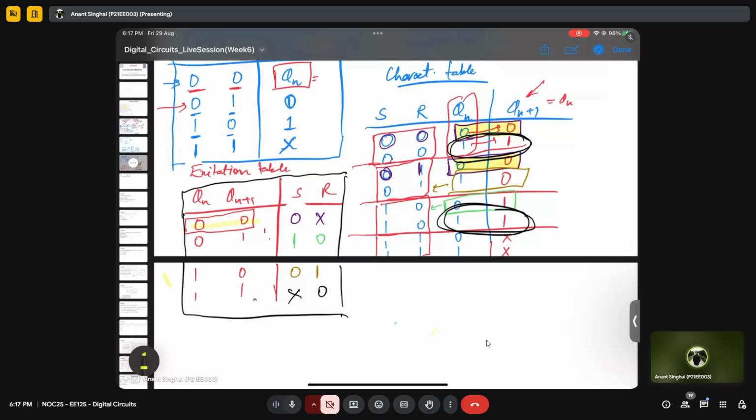And here you can see the corresponding S and R values are this. In both these cases, S is 0, right? So that is why we have written 0 here. But you see, R can be anything. It can be either 0 or 1. So we don't care about whatever the R is. That is why I've written X. X means don't care.